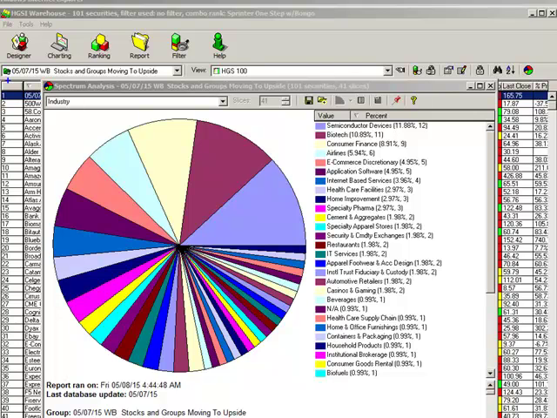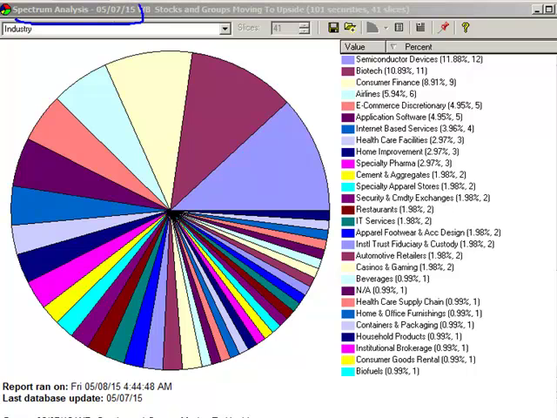What you're looking at on your screen is the HGSI High Growth Stock Investors warehouse of 7,000 stocks, filtered by stocks and groups moving to the upside. We then take the top 101 stocks of that filter and we import them into our Spectrum Analyzer. What the Spectrum Analyzer does is it gives us a snapshot of where the strength in the market was yesterday.